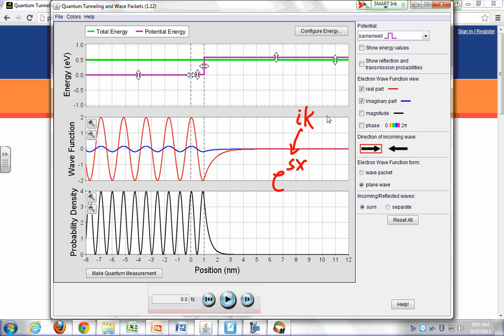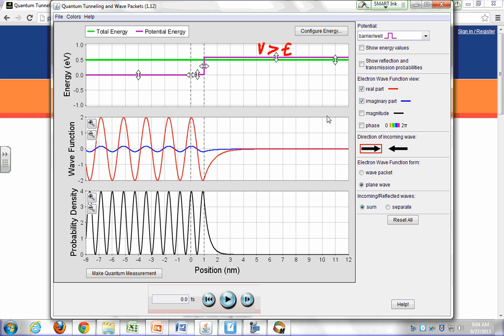But over here, when you have potential greater than the total energy, this s is going to be a real number, and normalization requires that this one will drop off, goes to 0 at infinity. Okay, so you have what's called here a potential barrier. So whenever your energy is less than the potential, as x goes to infinity, you'll find that your wave function goes to 0.